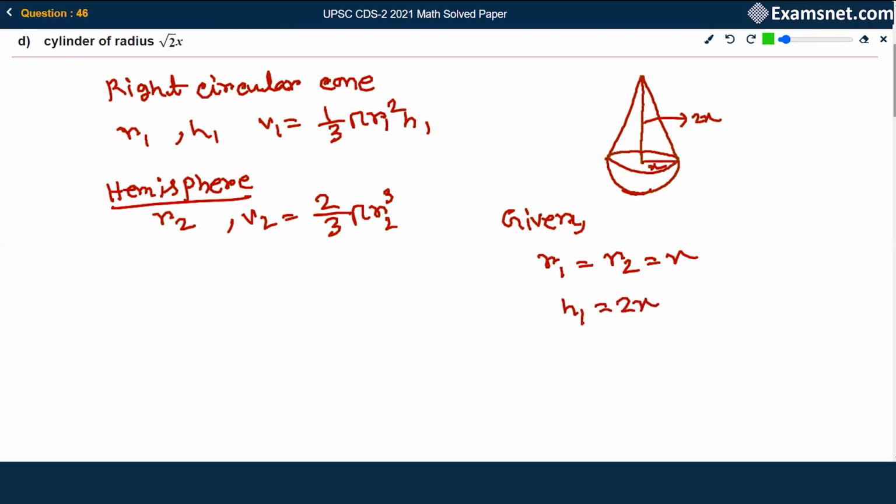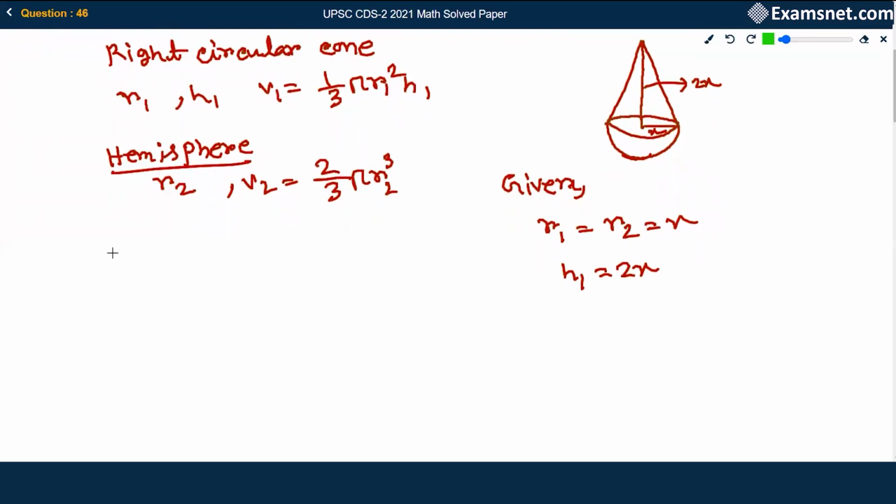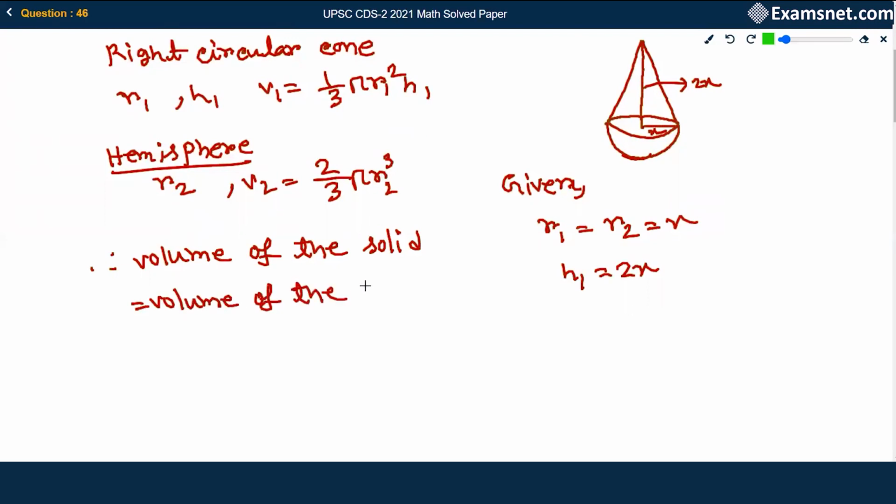So the volume of the solid is the volume of the cone plus the volume of the hemisphere. The sum of the volume of the cone and hemisphere is the volume of the solid.